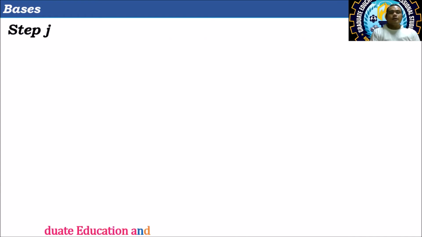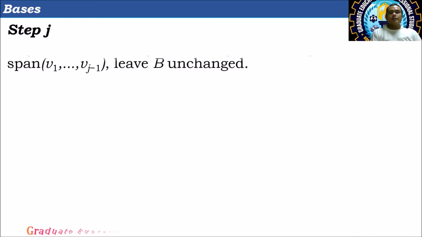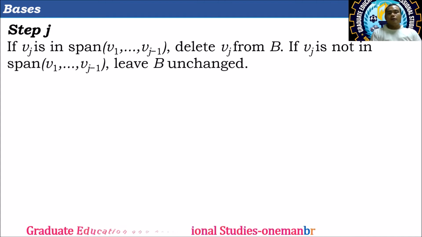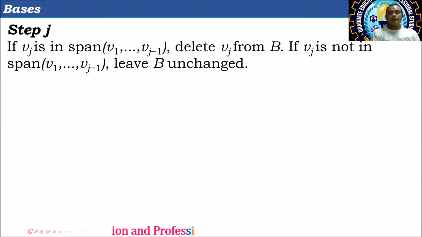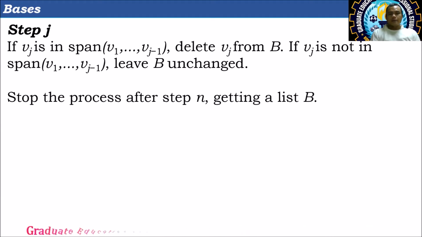Then for step j, if vj is in the span of v1, ..., vj-1, delete vj from B. If vj is not in the span of v1, ..., vj-1, leave B unchanged. Stop the process after step n, getting a list B.